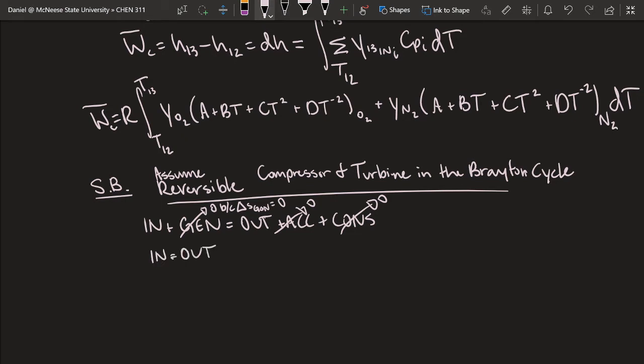And for ideal gases, when it's reversible, there's still a mass flow, since there is an inlet, so we can still say this. And this basically, I'm going to make this 0. So 0 right here.